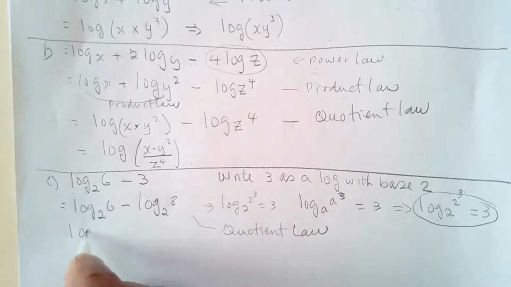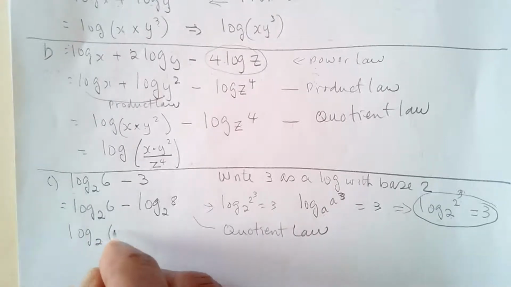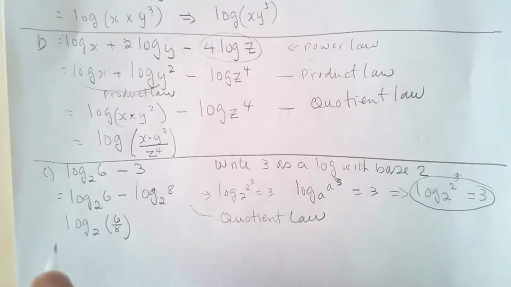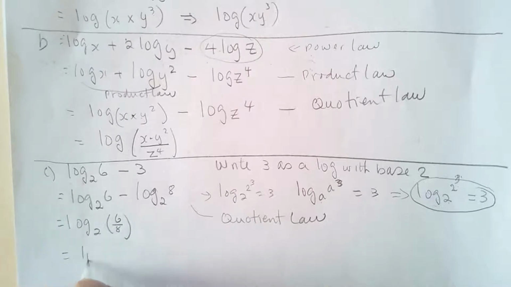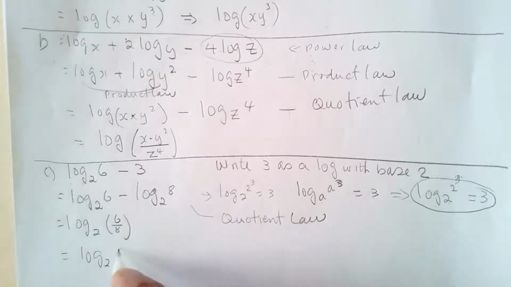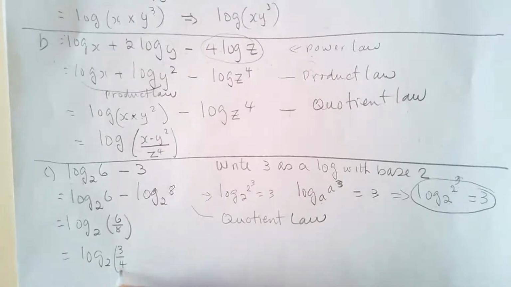So log base 2 of 6 divided by 8, and we can simplify that as log base 2 of 3 over 4.